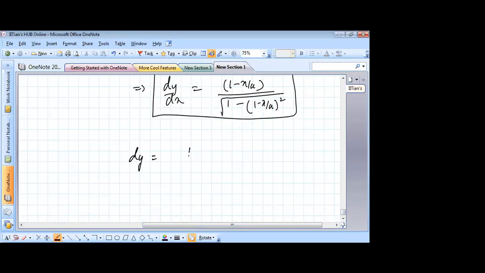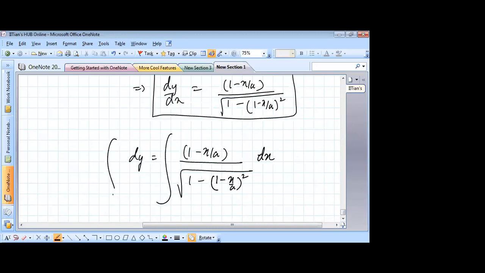So dy is 1 minus x by a upon square root of 1 minus x by a whole square dx. Okay. Now we want to integrate this. Yeah, it's a bit of a tricky differential equation, but don't worry, you will be doing all this in calculus very soon in maths, so you will learn how to solve this.